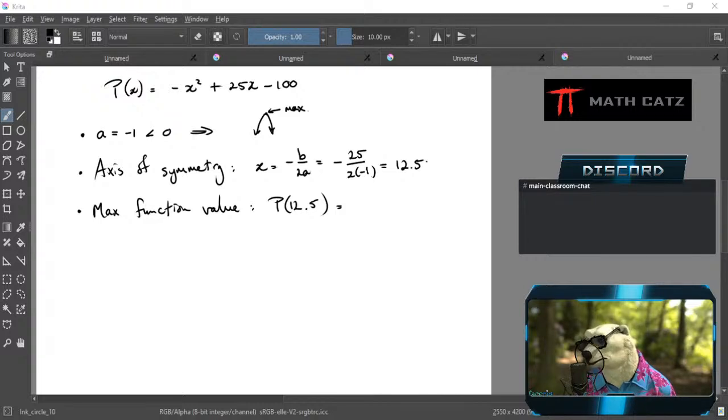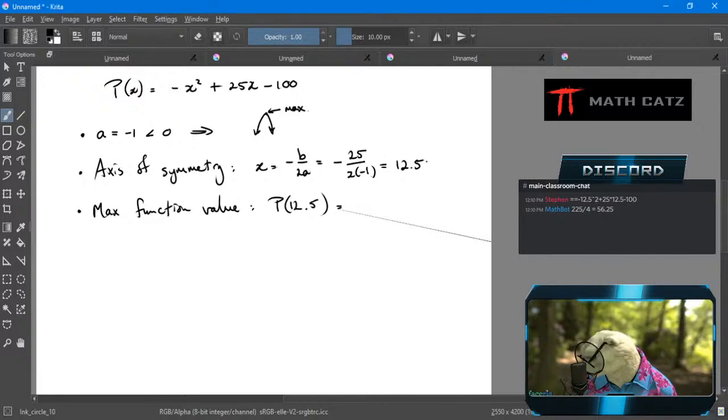So we'll do a negative 12.5 squared plus 25 times 12.5 minus 100. MathBot says, and I hope it's correct, 56.25. Can anyone confirm the 56.25?